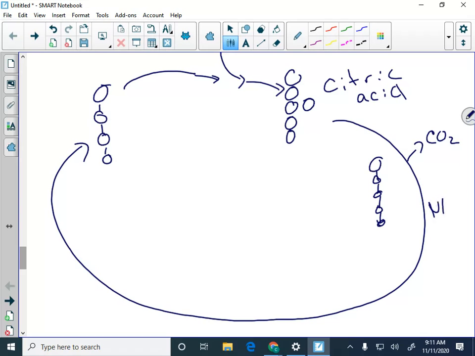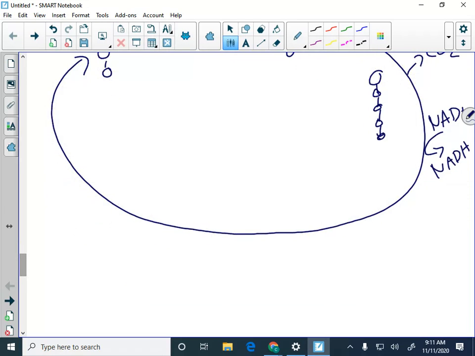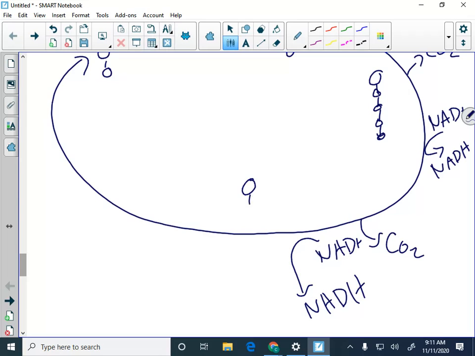We're going to take some NAD plus and get some NADH. Because when we're sucking off those carbon dioxides, we're also going to release some electrons. We're going to lose another CO2. We're going to take more NAD plus and get more NADH. And now we have a 4-carbon.